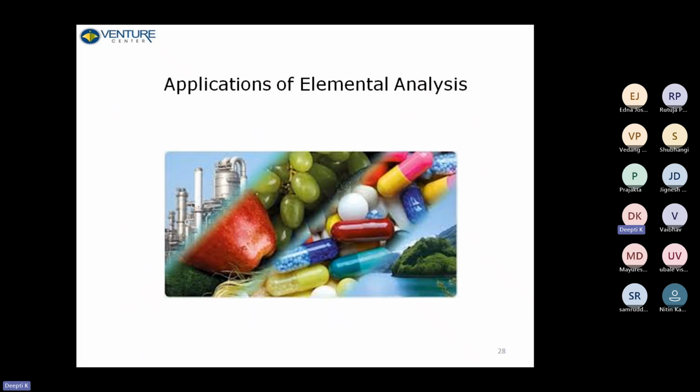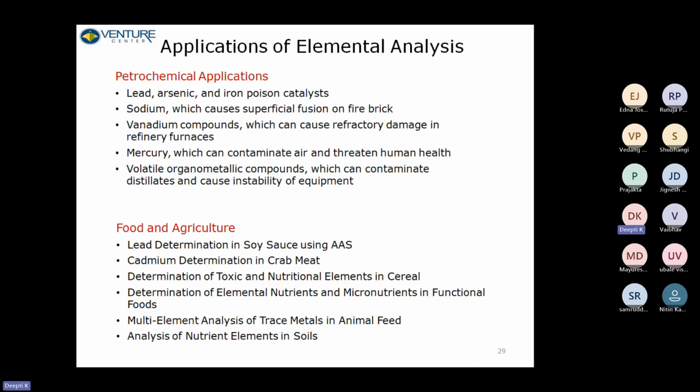Coming to applications of elemental analysis, we'll just quickly go through it. This is a very wide topic. Applications range right from petrochemical, for determination of certain volatile organic compounds, to heavy metal analysis, to the food and agricultural sector, where determination of heavy metals is very important and binding by regulatory bodies.